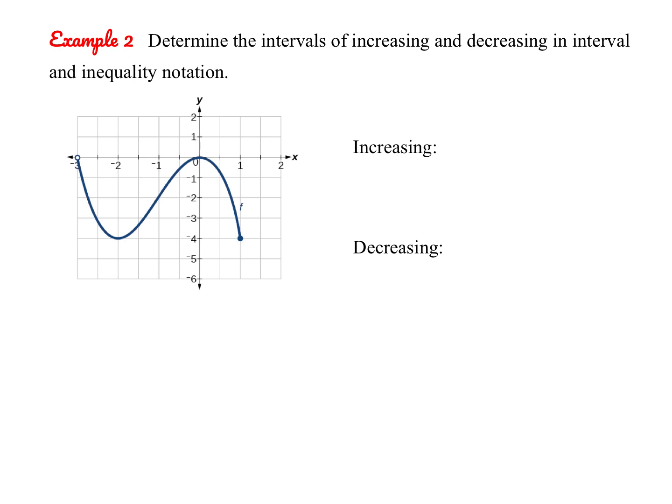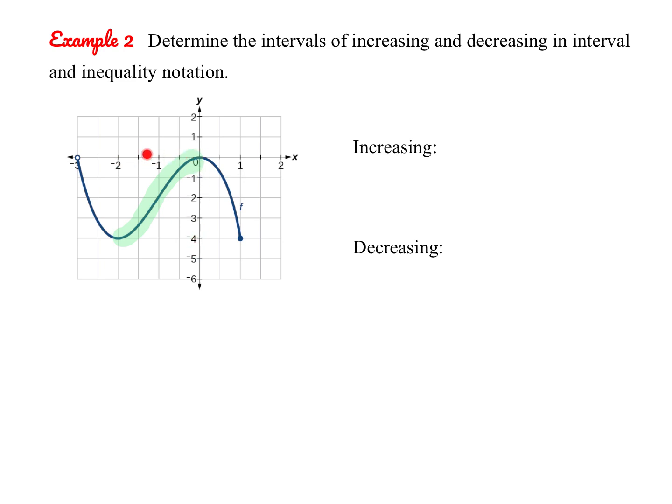All right, let's give this one a try together. We're going to determine the intervals of increasing and decreasing in both interval and inequality notation. So for increasing, again, it's where my graph has a positive slope. So if I trace my graph, my pencil's moving up. So I can see that that is happening in this region. But again, we don't want to describe it in terms of the y values.